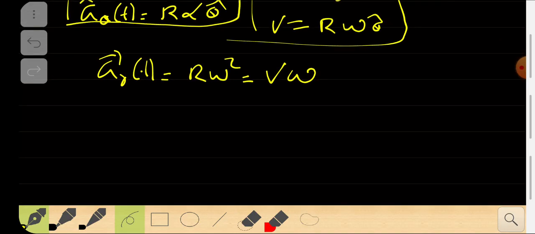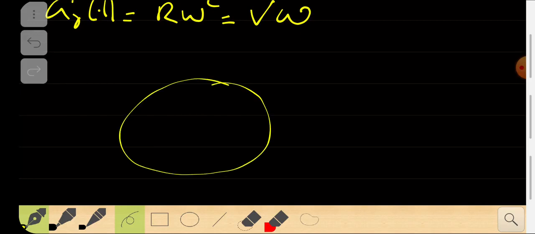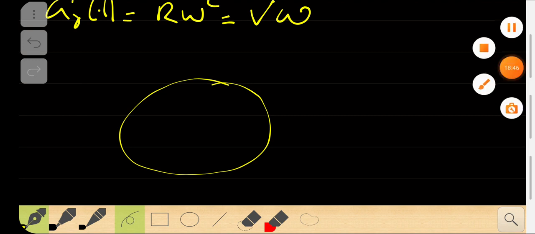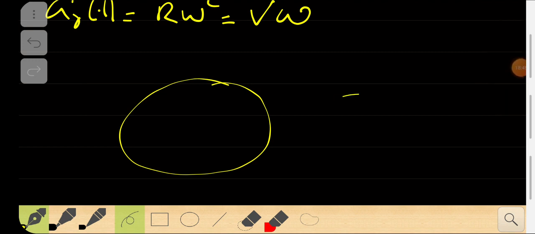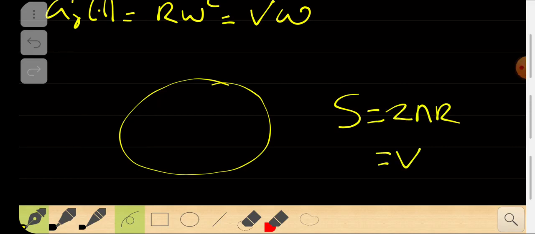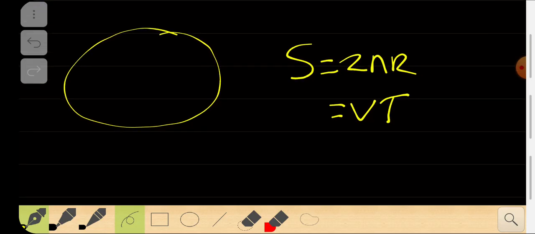Now if you go around a body, the total distance, the circumference s, will be equal to 2 pi r, which will be equal to velocity times time. Distance is equal to speed times time.